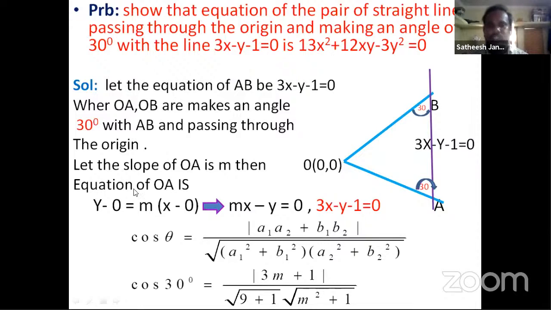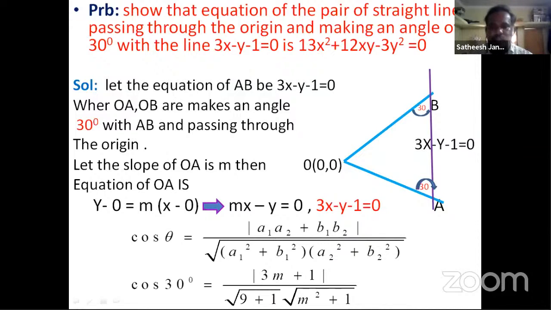Then the equation of the straight line through the point (0, 0) with slope m is y − 0 = m(x − 0), that is y = mx. Taking it to the right side, mx − y = 0. And the given equation is 3x − y − 1 = 0.